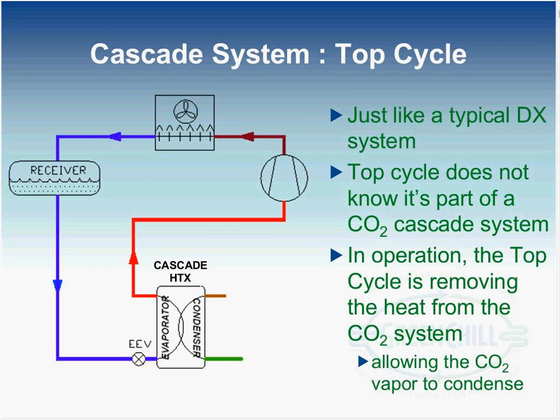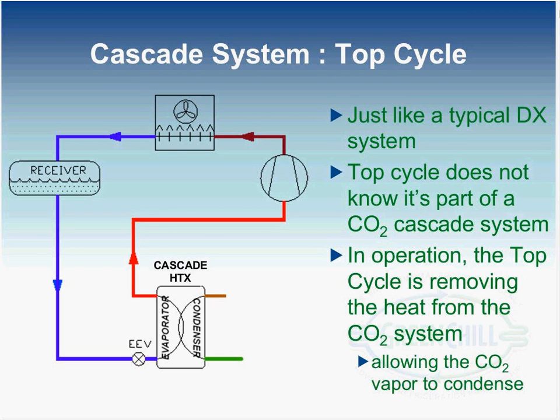As I said earlier, it does look like a typical refrigeration system with a compressor to the right, a condenser shown at the top of the screen, and a receiver again for refrigerant management. The heat exchanger that you see after the expansion device is not represented by a merchandiser, either a unit cooler or display case. This portion of the system is here to liquefy or condense the CO2.